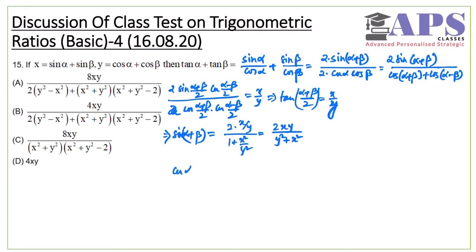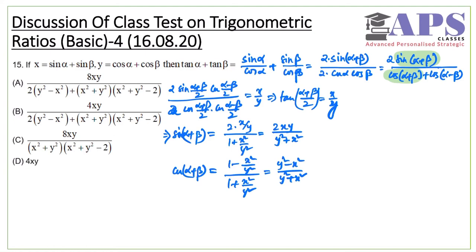And also cos alpha plus beta will be 1 minus tan square, so 1 minus x square by y square divided by 1 plus x square by y square. So that will give us y square minus x square by y square plus x square. So I have got this sin alpha plus beta and cos alpha plus beta. That means these two terms now can be replaced. But I need cos alpha minus beta also. How to get cos of alpha minus beta from here?